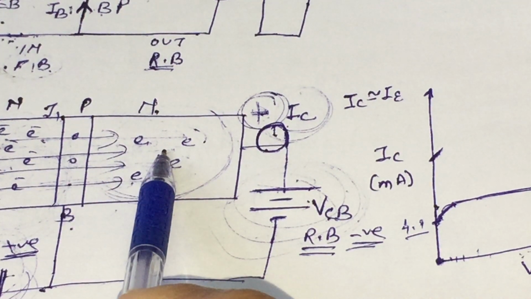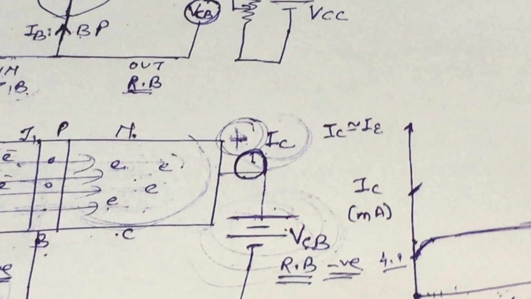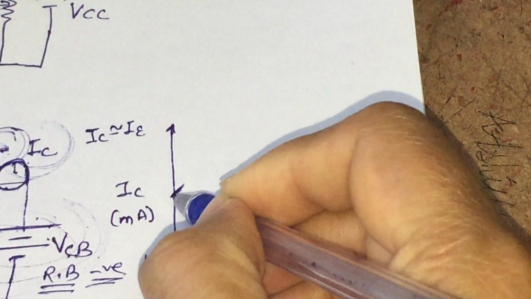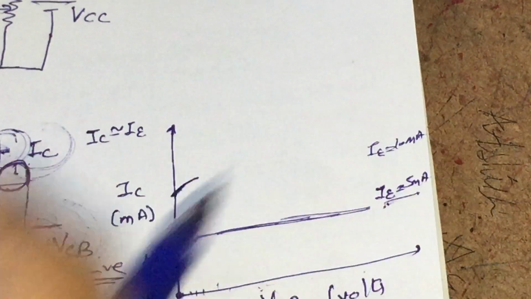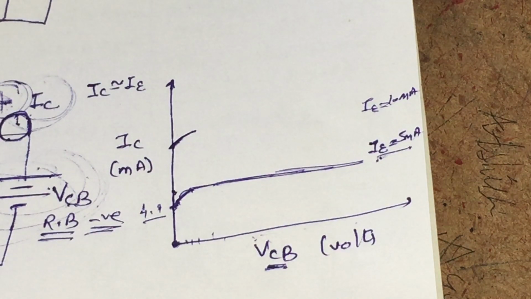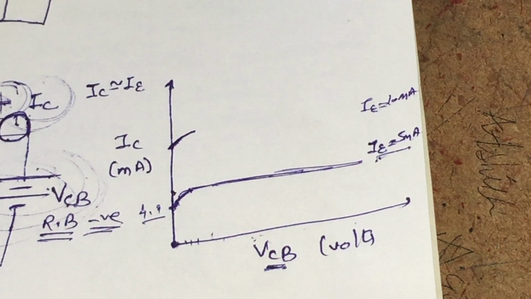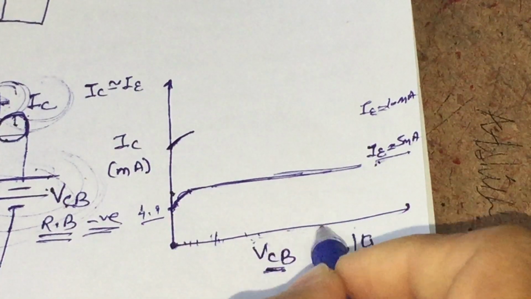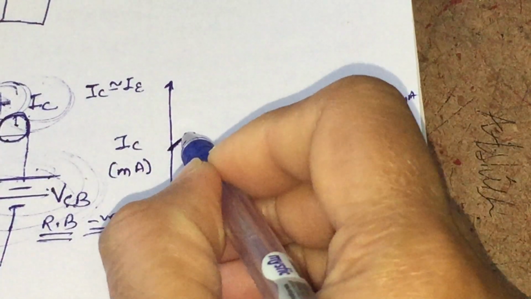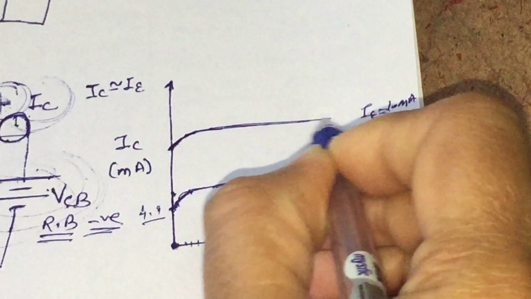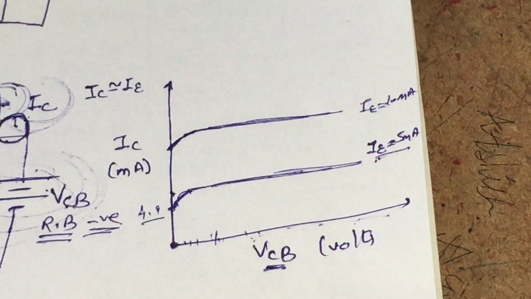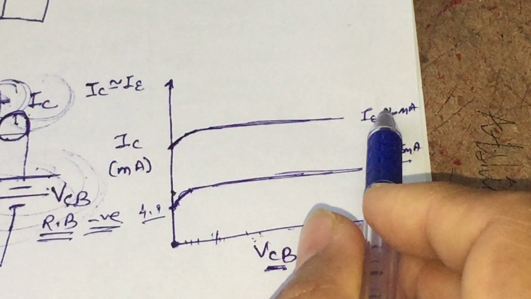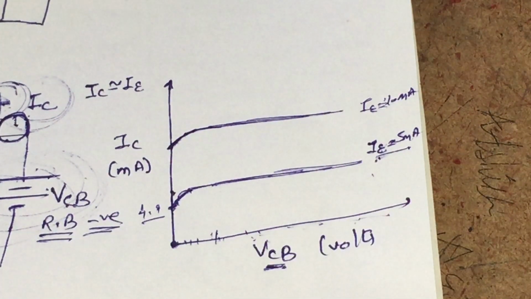We are not increasing the number of electrons further, and hence there is only a small increase due to the increase in the kinetic energy of the electrons moving from emitter to the collector region. After the further increase in VCB, there is no increase in the number of electrons, hence the collector current remains the same, which is approximately equal to the emitter current.